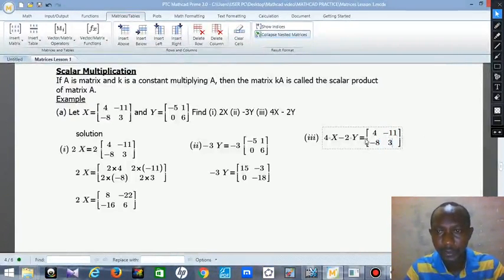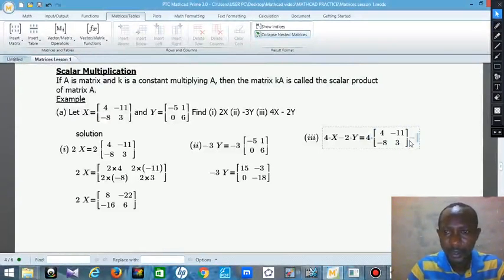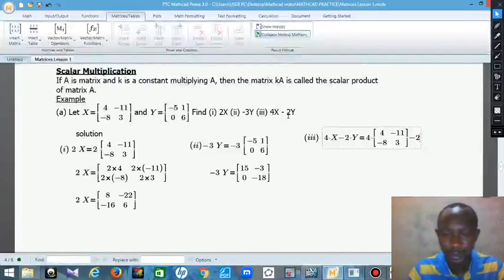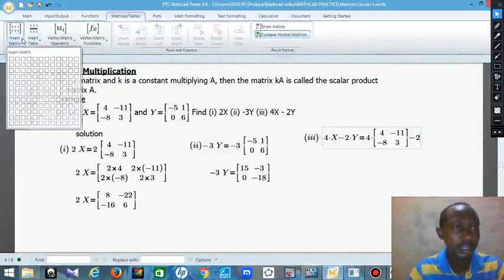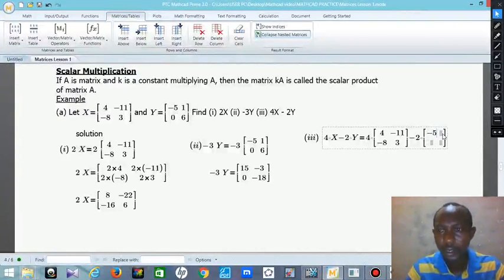So don't forget, 4 is multiplying this matrix. You put 4 outside, then we continue, minus, second matrix is 2. You put your 2 there, then you get your matrix. Then the matrix 2y, matrix y is minus 5, then 1, then 0, you have your 6.